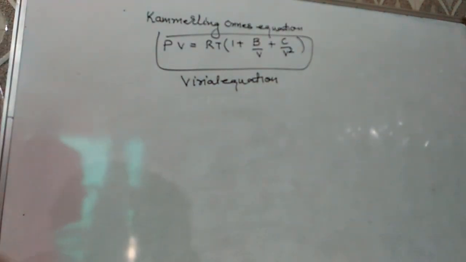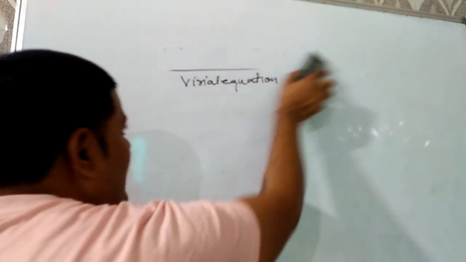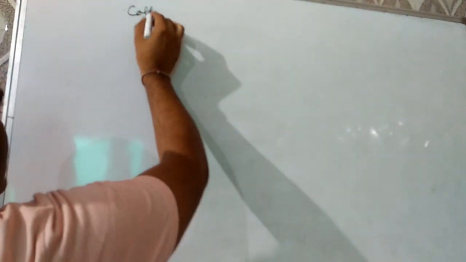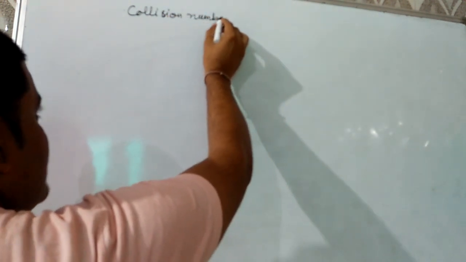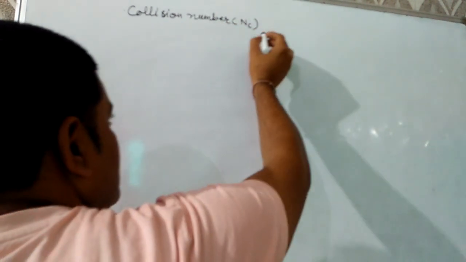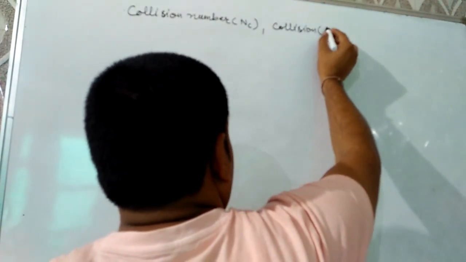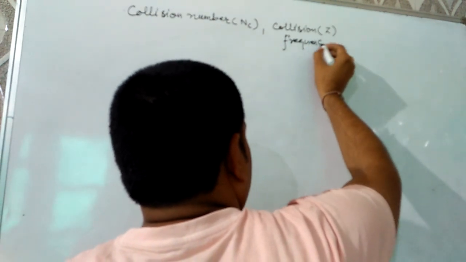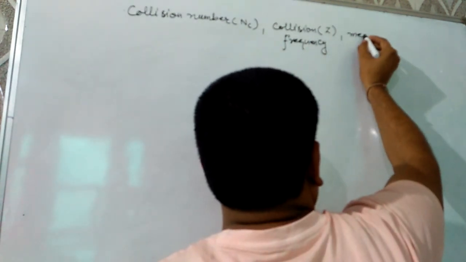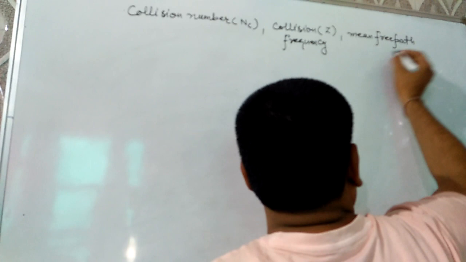Now we have to discuss one more important topic, and that is the collision number, denoted by Nc, collision frequency, denoted by Z, and mean free path, denoted by lambda.